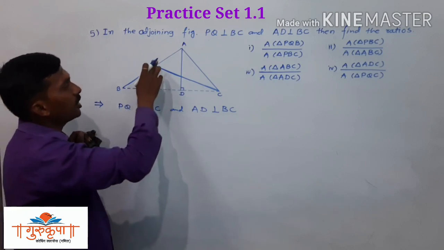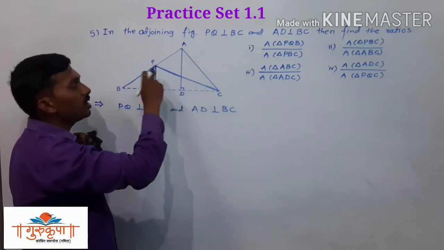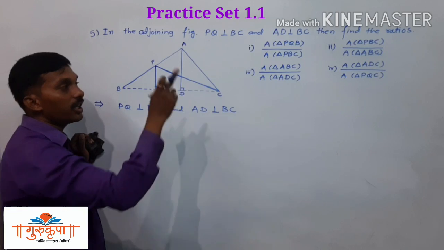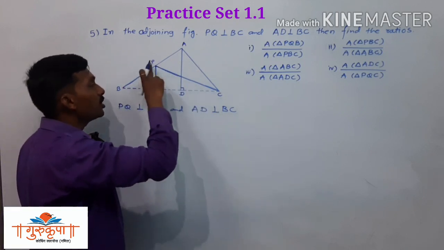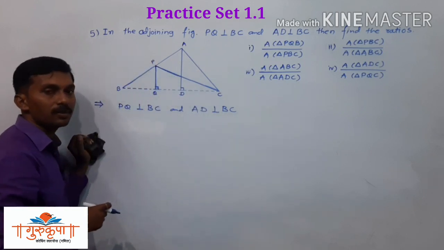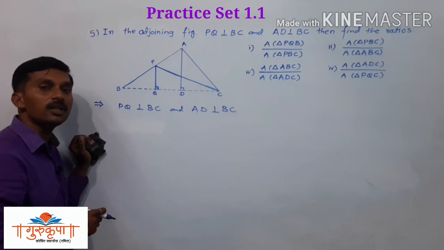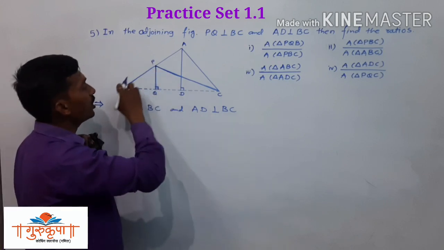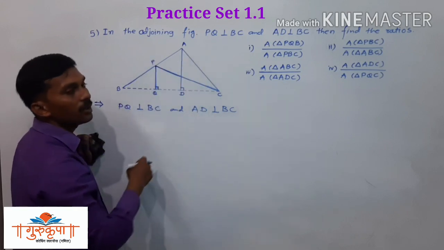Height of triangle PQB is PQ, and height of triangle PBC is also PQ. Both the triangles are having equal height. So PQ is the height of triangle PQB and PBC.